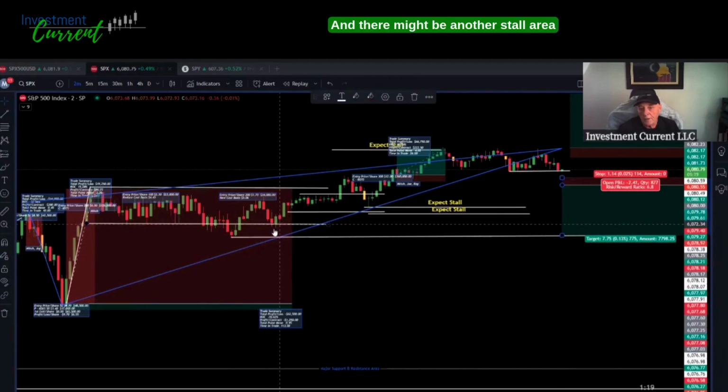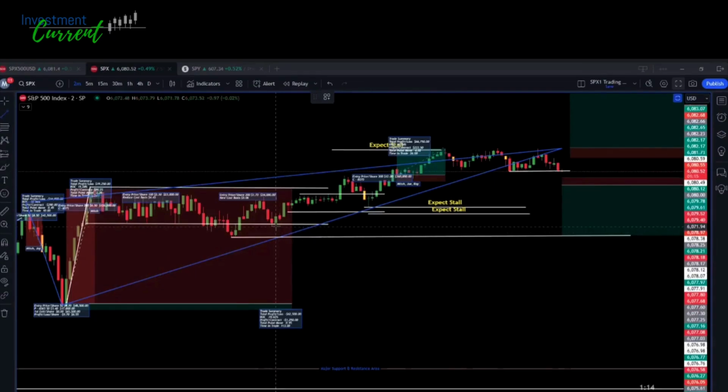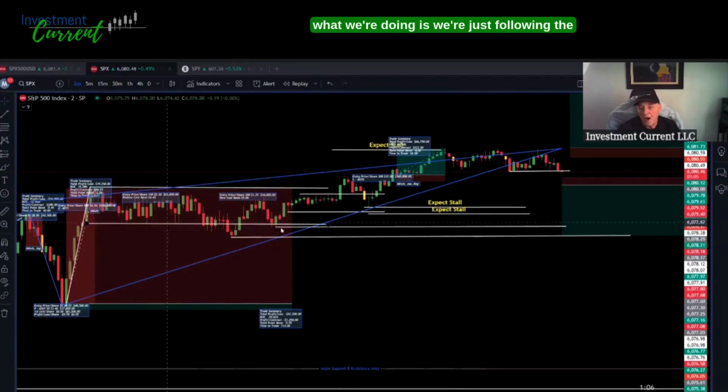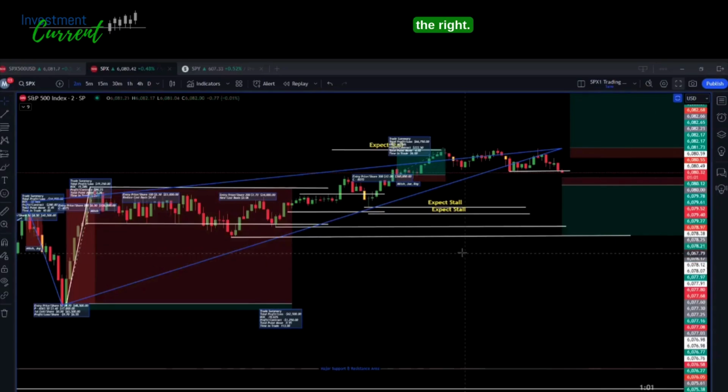And there might be another stall area here. Because what we're doing is we're just following the wicks out to the left and pulling them to the right.